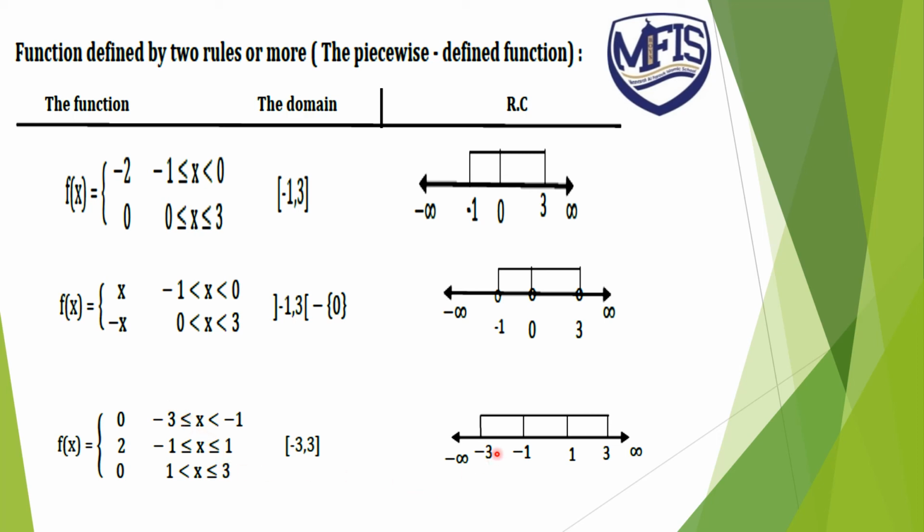We draw the number line from -3 to -1; this is the first function. And from -1 to 1, this is the second function. And from 1 to 3, this is the third rule. Then the domain of this function is from -3 closed to 3 closed, as you see.